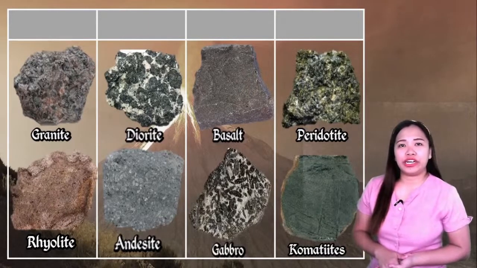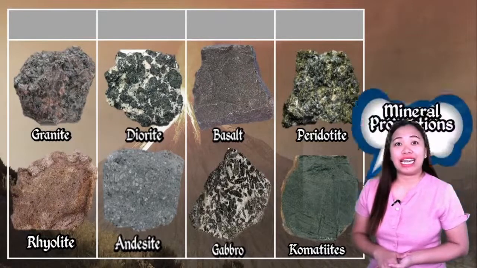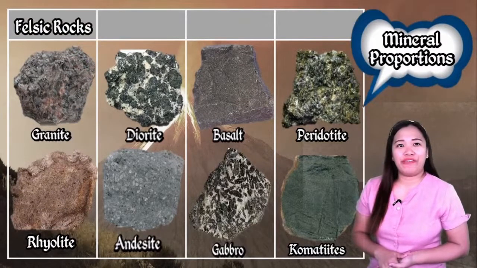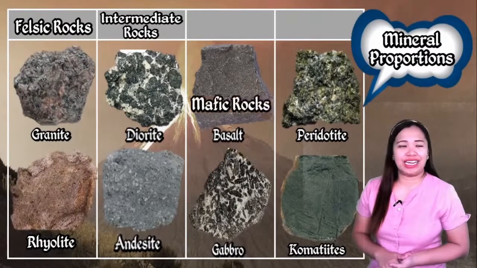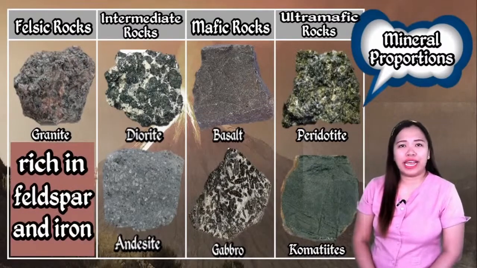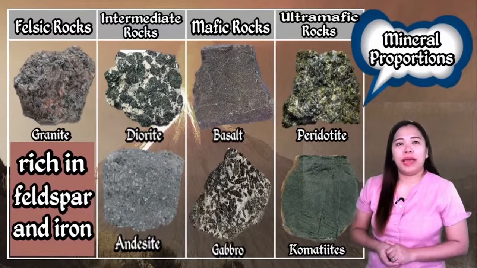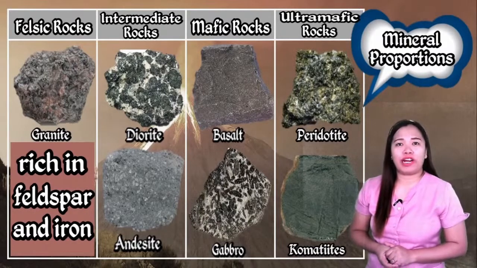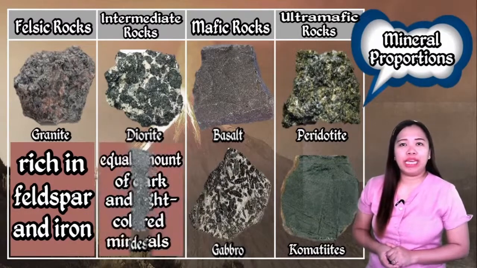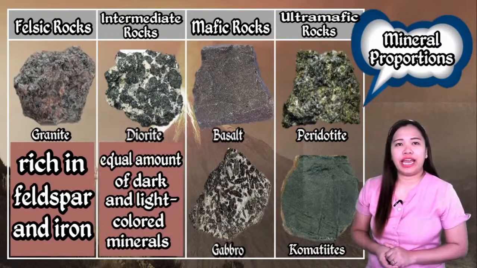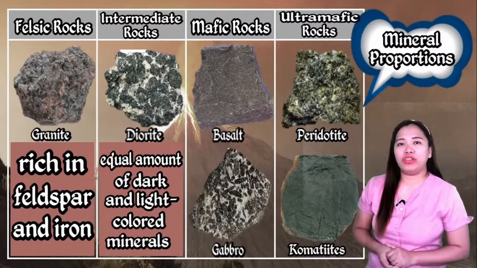Using this criterion, rocks can be felsic, intermediate, mafic, or ultramafic. Felsic rocks like granite and rhyolite are typically light in terms of color because they are rich in feldspar and silica. Intermediate rocks like diorite and andesite have an equal amount of dark and light-colored minerals.